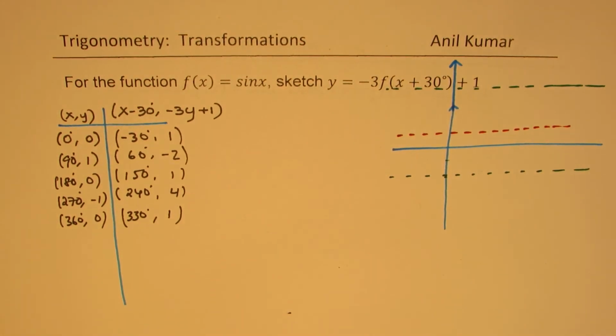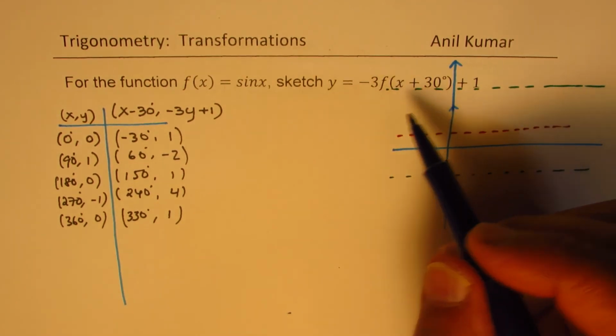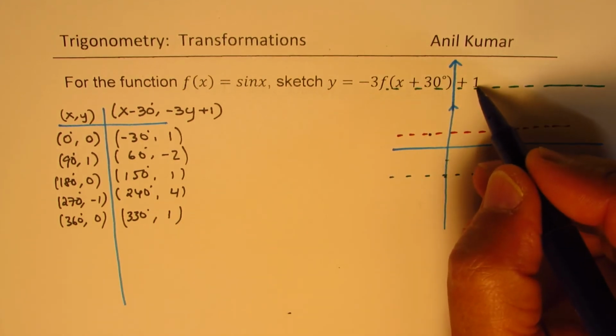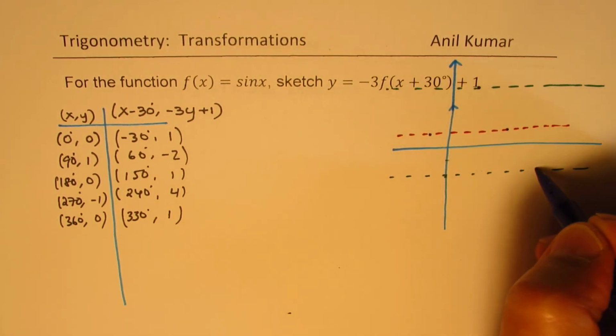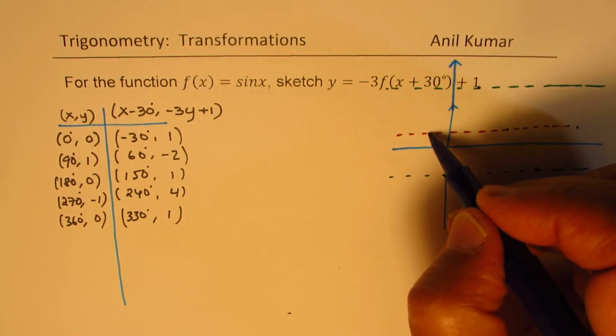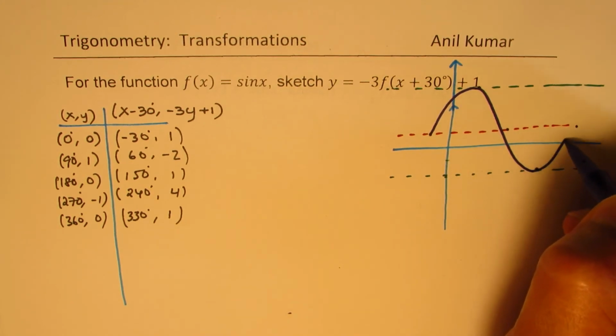So the graph of the function starts at minus 30 and then goes from here to a maximum, then back here, and then goes to this value. So we'll just sketch a sine wave here. Correct?